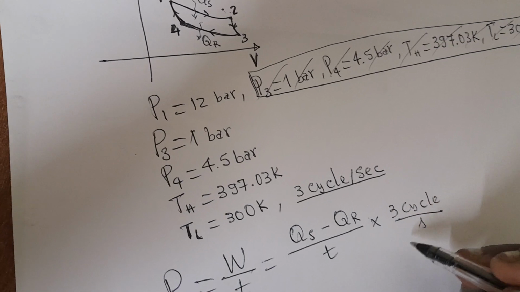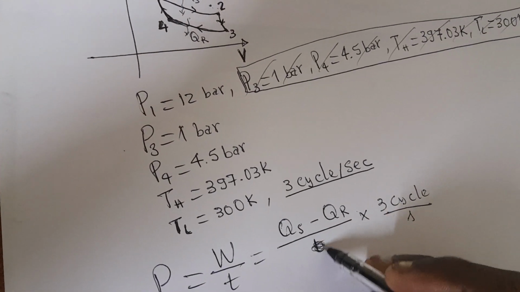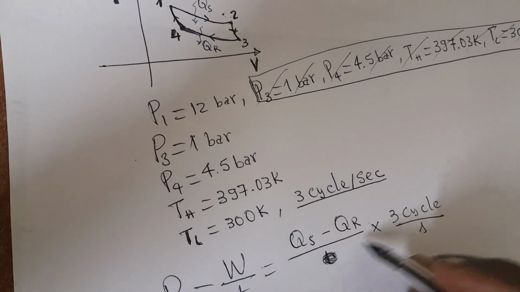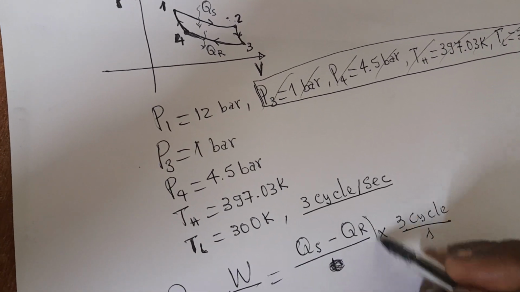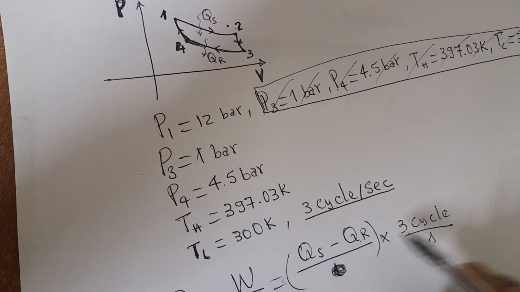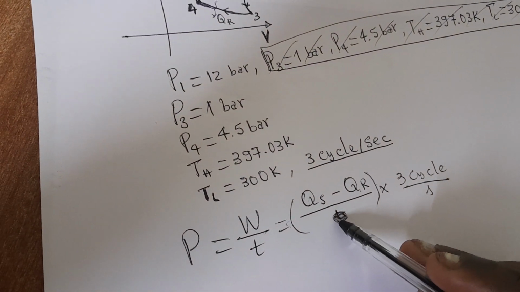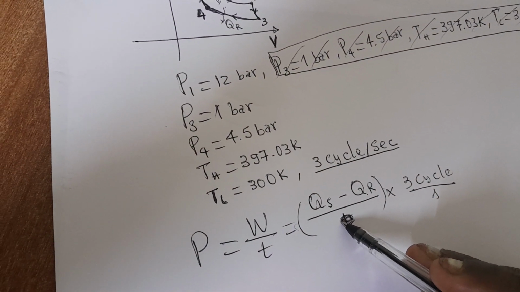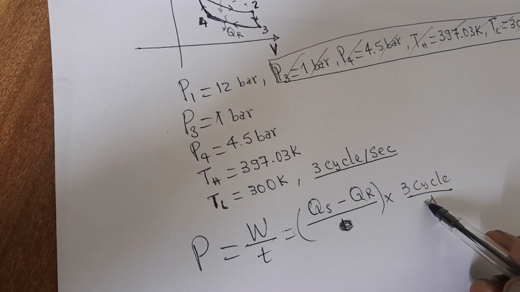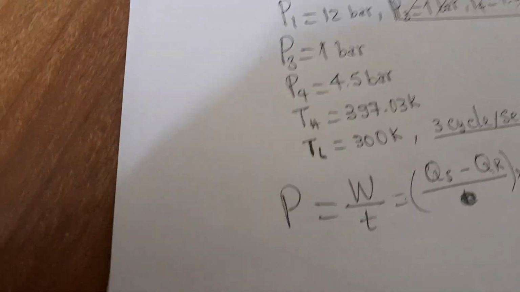This times 3 cycles per second will reduce this time to 1. I will multiply the work done by this condition that they gave us. Why am I erasing T here? Because T here will be 1 second.